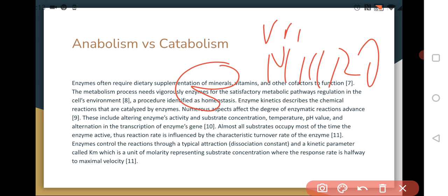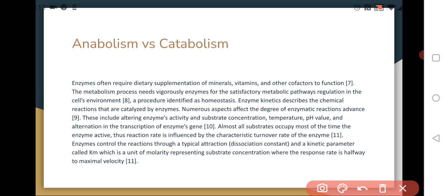Okay. What is also important is that enzymes are not working in all situations. Yes, so for example, some enzymes would work in a more acidic pH, some in a more caustic pH. Some enzymes would be more active in higher temperature, some in the lower temperature. Some need some activators.